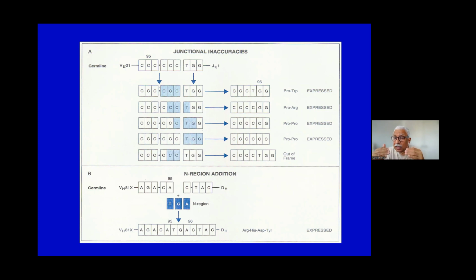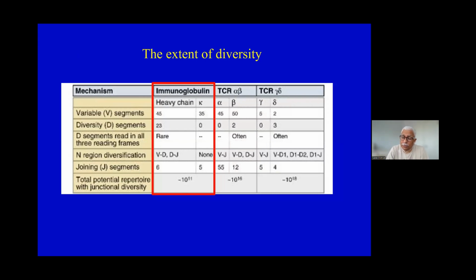But the likelihood that V5 and D2 recombination will elicit the exact same antibody molecule is very low because of the junctional inaccuracies and nucleotide additions that occur. So it helps to improve the repertoire of the antibody molecule.